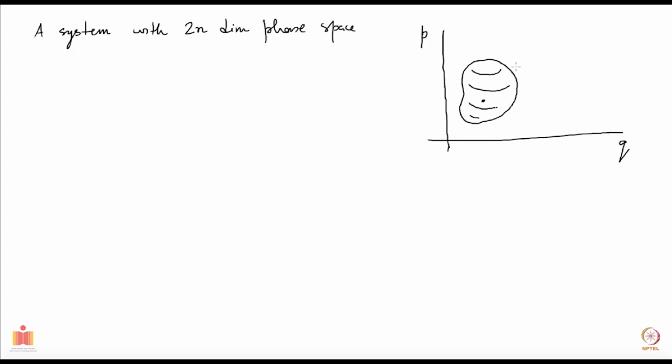What we want to ask is, if I start with some volume here, all these points are going to move in time and go somewhere else, and I want to ask how this volume is going to change with time. If I wait for some time, and the initial volume enclosed here was V0, or V at time t0, what does it become after some time has passed?